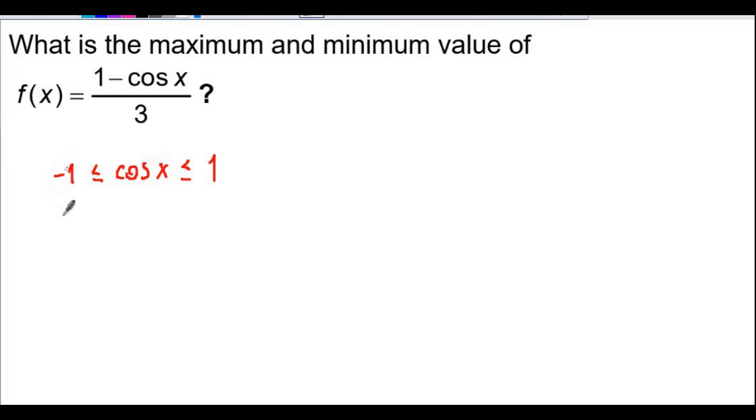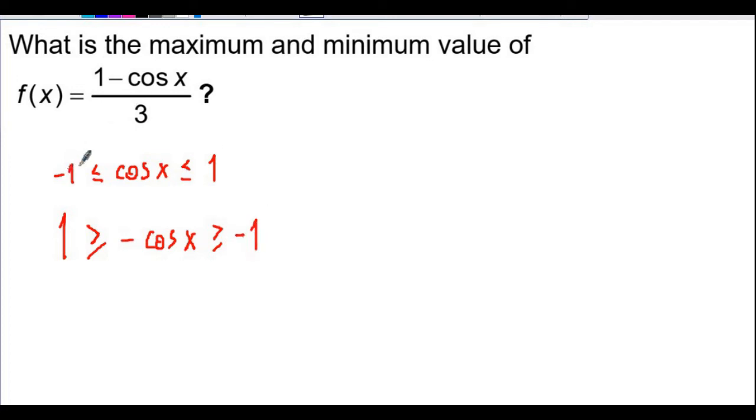So -1 times -1 is +1. I should change this inequality, so I'm going to get greater than or equal to 1, negative cosine of x, and change this because we are multiplying by a negative number, greater than or equal to 1 times -1 is -1.